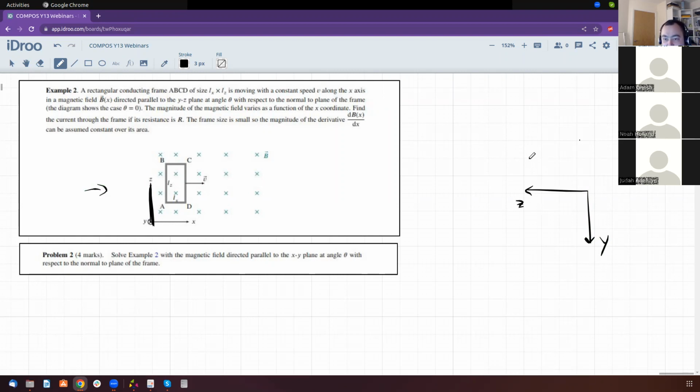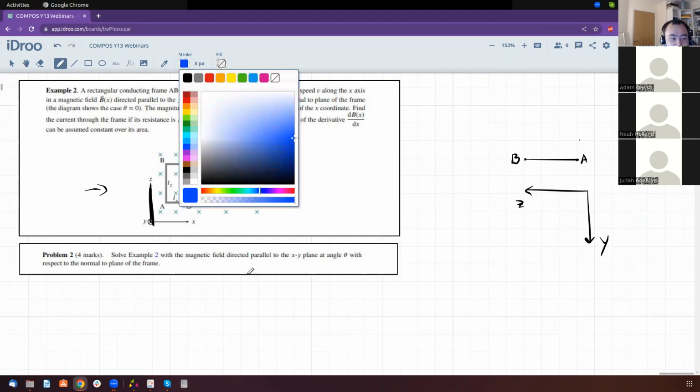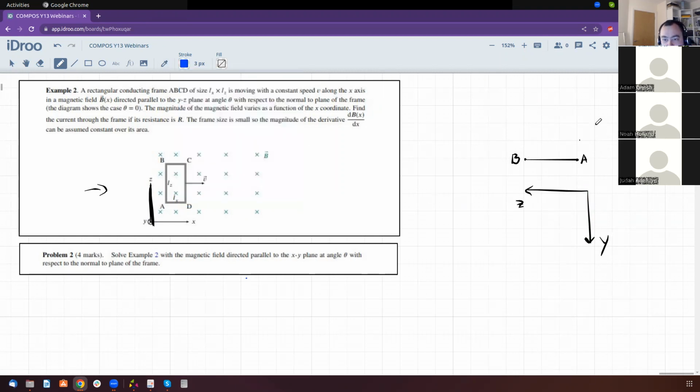We see the frame and A is here, B is here. So C is behind B and D is behind A. So we're looking at it from here, okay? Then the magnetic field is going, well, let's say that way. Magnetic field B.